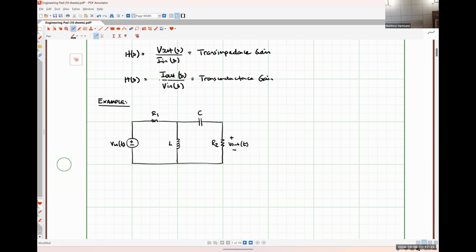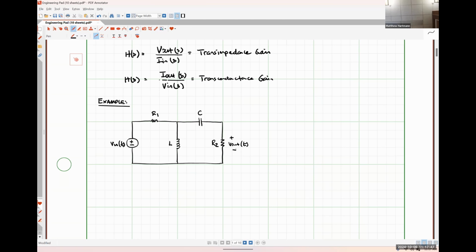So you might recall when we took the voltage drop across a capacitor in a series RLC circuit, we had a low pass filter. When we took the voltage drop across the inductor in that series RLC circuit, we had a high pass filter. When we took it across a combination of the inductor and the capacitor, that was a band pass filter. And when we took it across the resistor, we had a band stop filter.